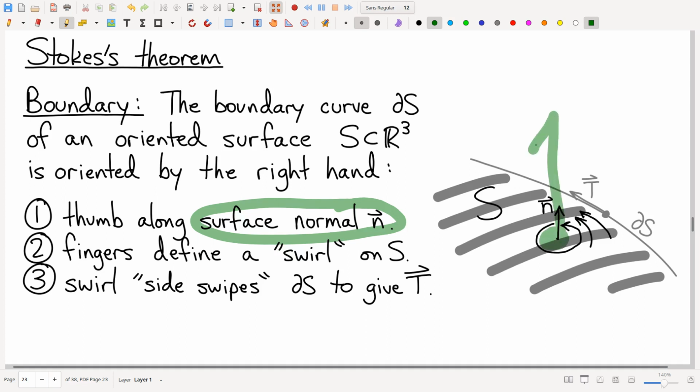In other words, look at the orientation of the given oriented surface. Use your right hand. Point your thumb in the direction of the normal. Look at the fingers of your right hand. Notice that they point in a direction around your thumb. Again, right hand, thumb, your fingers point in a direction around the thumb. And that defines what I'm going to call a swirl.